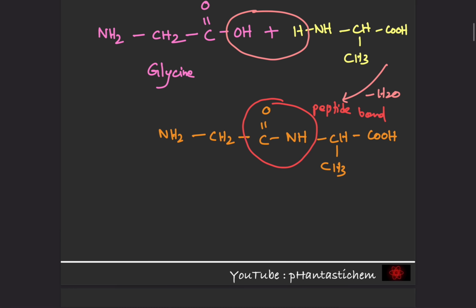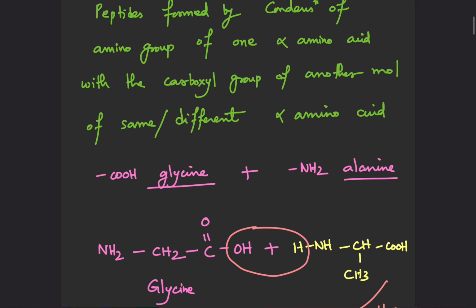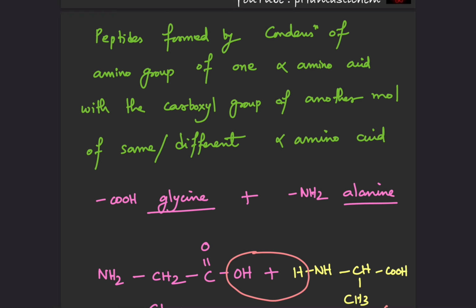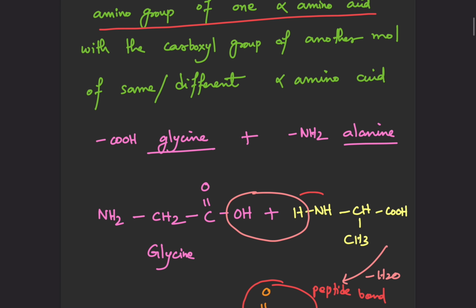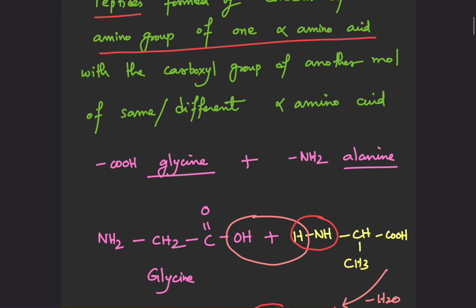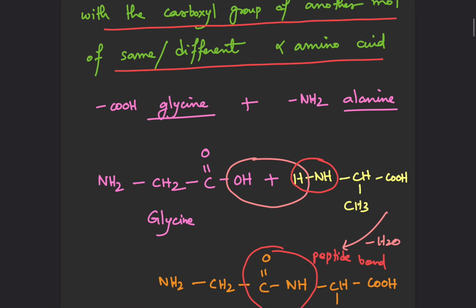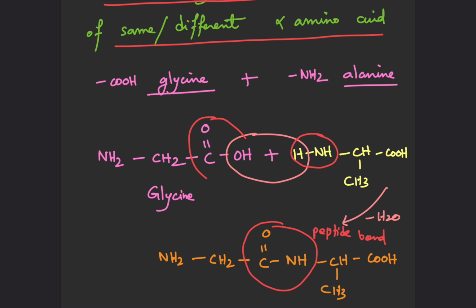Okay, so you can see in the definition, peptides are formed by condensation of amino group of one alpha amino acid, so this is the amino group of one alpha amino acid, with the carboxyl group of another molecule of the same or different alpha amino acid. So this is the other carboxyl group.